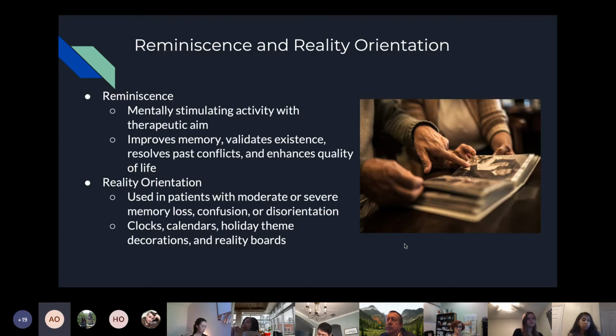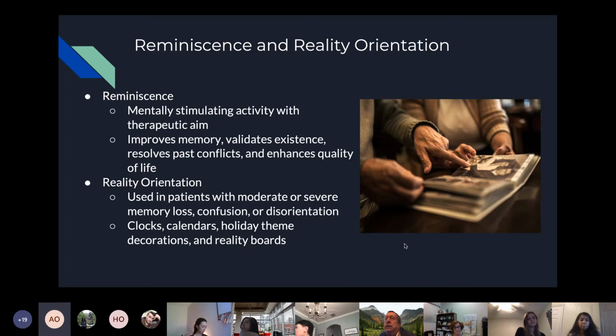Reminiscing includes playing old records and asking participants what their lives were like when those records were popular, showing old photographs and asking participants what memories arise, and asking them to describe the important pieces of history they have witnessed. Perhaps the most important skill for nurses to use in reminiscence activities is listening.